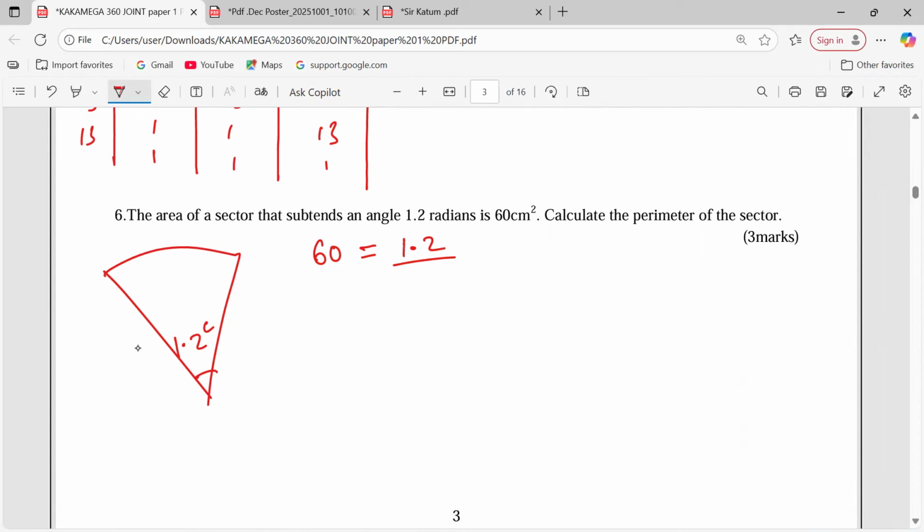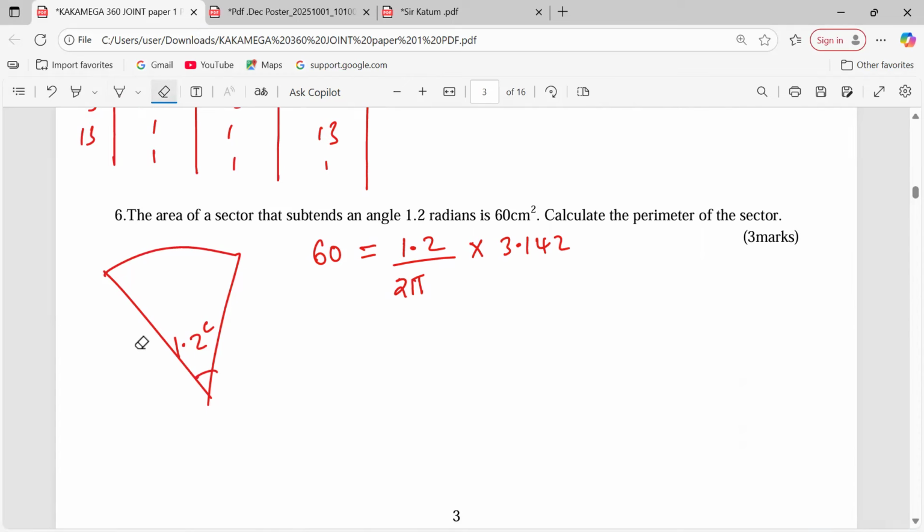If the circle was complete, it would have been 2 pi radians, multiplied by pi r squared.